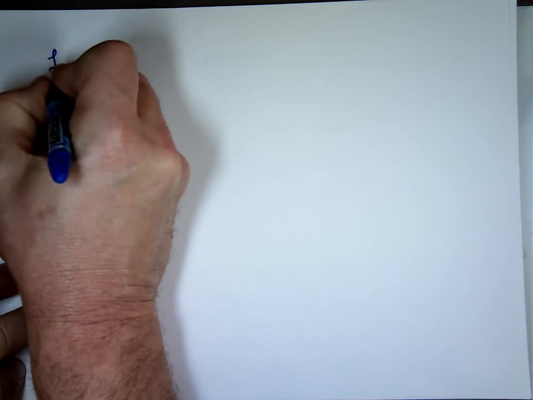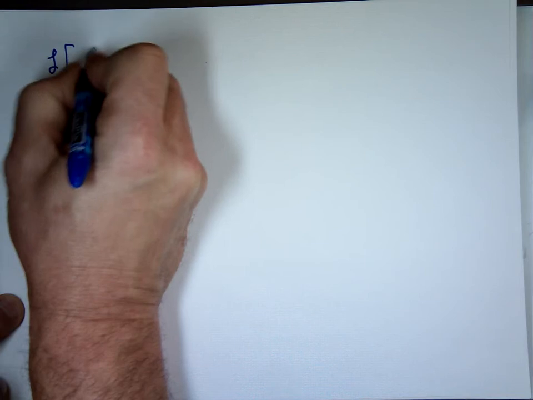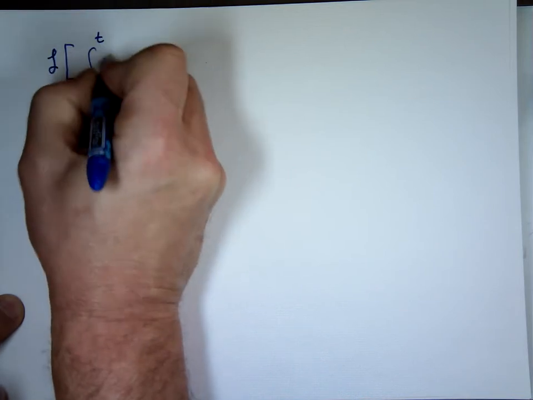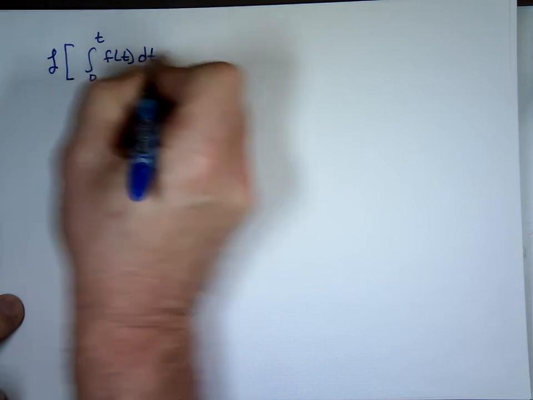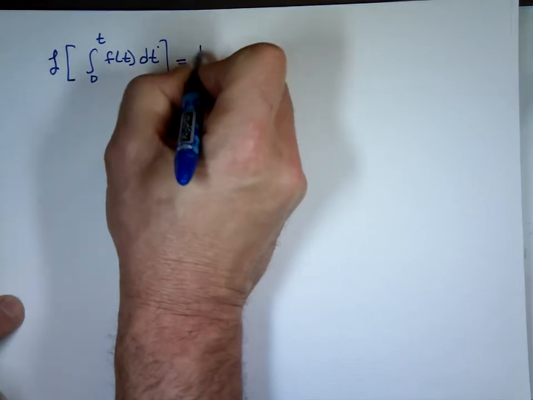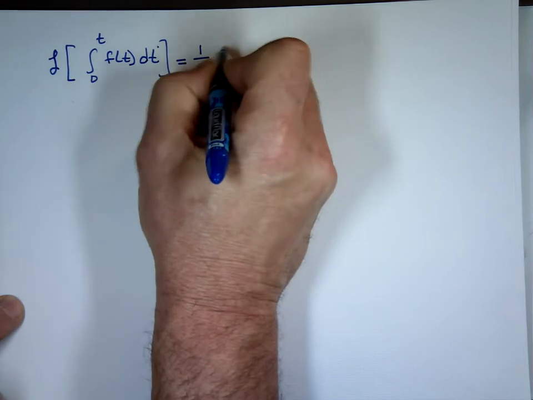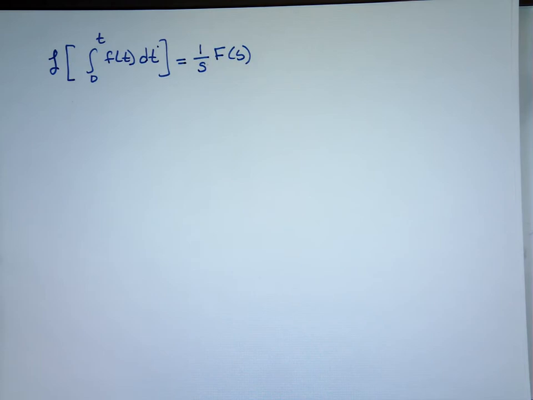What is the Laplace of the integral from 0 to t of f of t dt? And the answer to that is 1 over s times F of s.